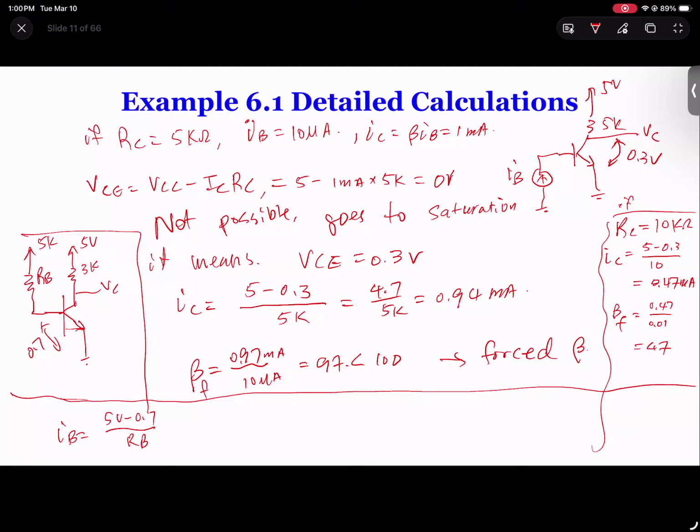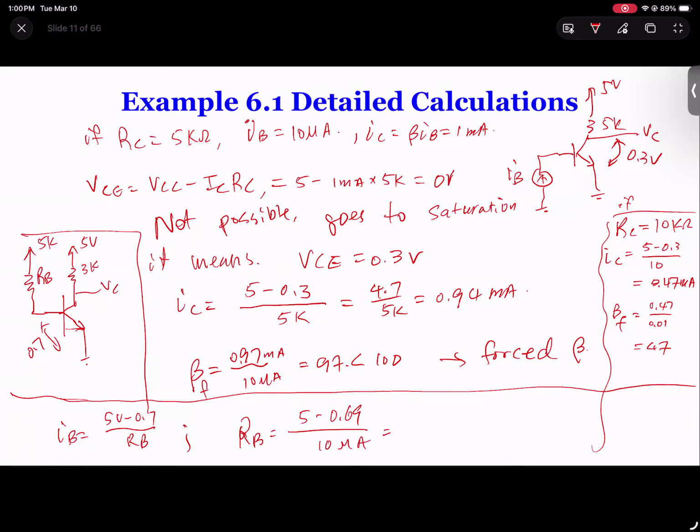Because as we calculated earlier, this equation really satisfies for that microamps. The more accurate value will be RB equal to (5 minus 0.69) divided by 5 microamps.